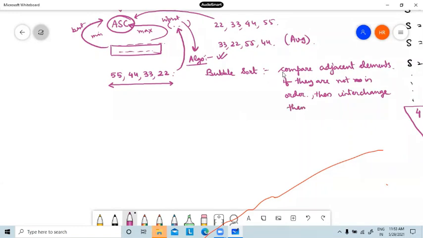So this is the simple logic of bubble sort. And you have to repeat this again and again.